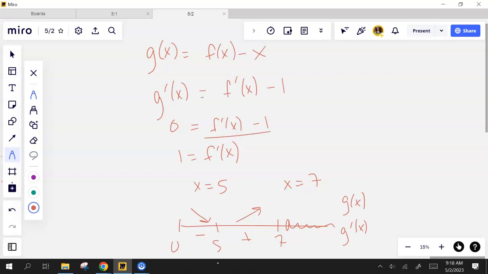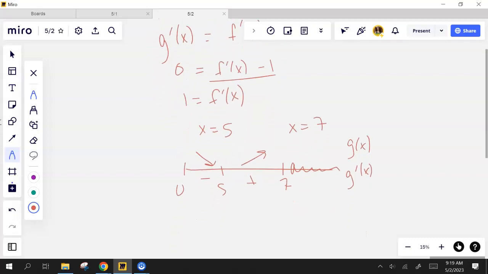So everything's shifted down 1. That's why it's not quite lining up on the graph there. So the question was, on what intervals, if any, is g decreasing, and show the analysis. So I think that I've done a good job of the analysis. So where is it decreasing? It's decreasing on the interval from 0 to 5.